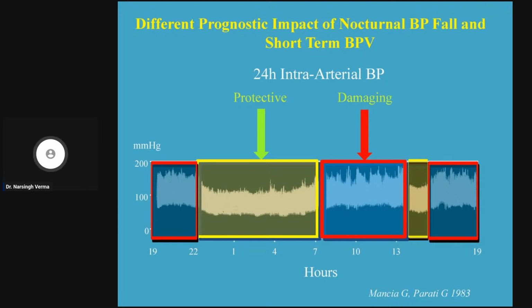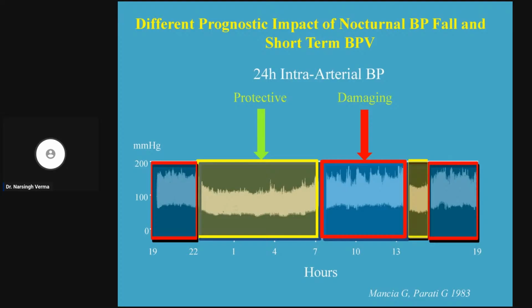Before that, you can see the different prognostic importance of the nocturnal blood pressure fall and the short-term blood pressure variability. Here you see the 24-hour intra-arterial blood pressure.